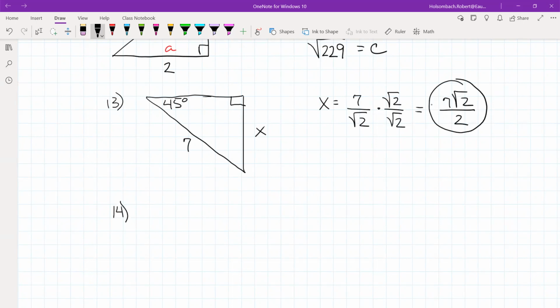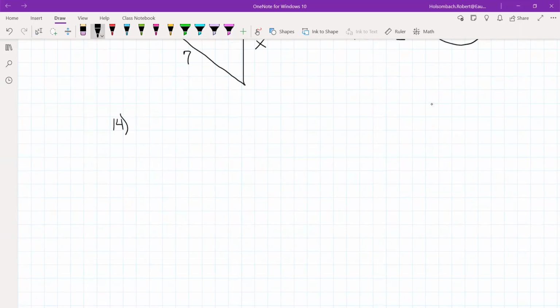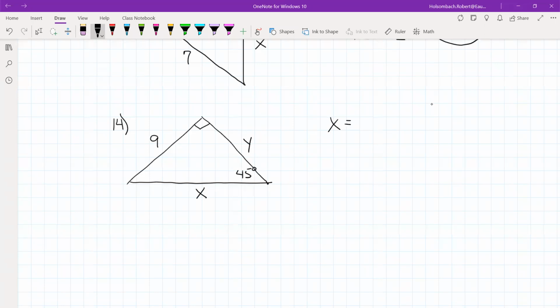Number 14. We've got a 45-degree angle down here. We got one leg is a 9, the hypotenuse is x, and the other leg is a y. So our x is equal to one of the legs times radical 2.